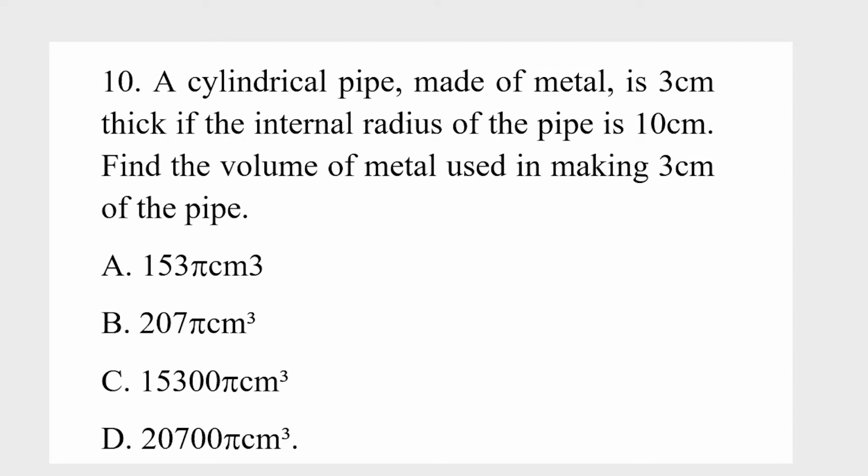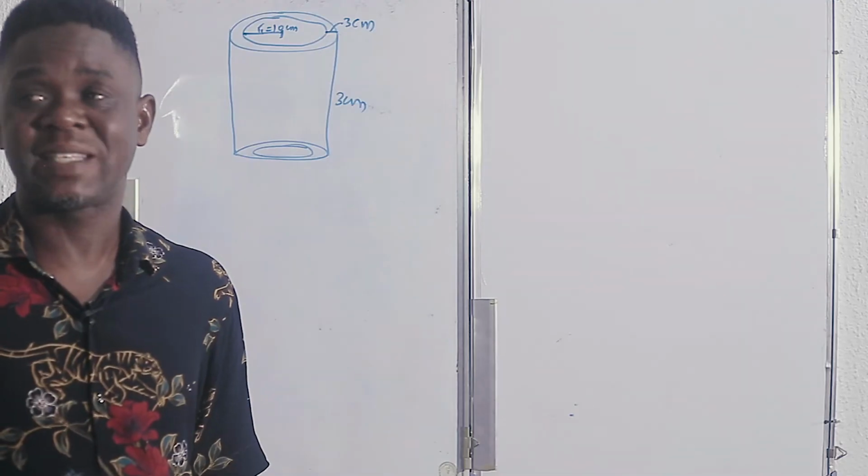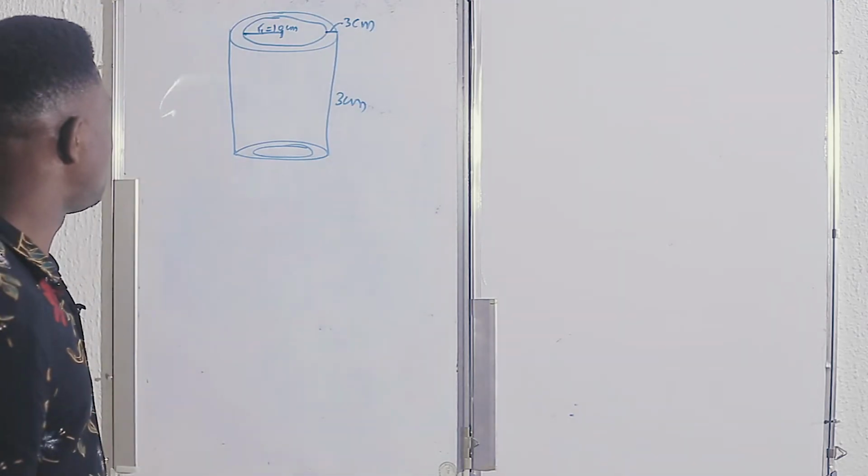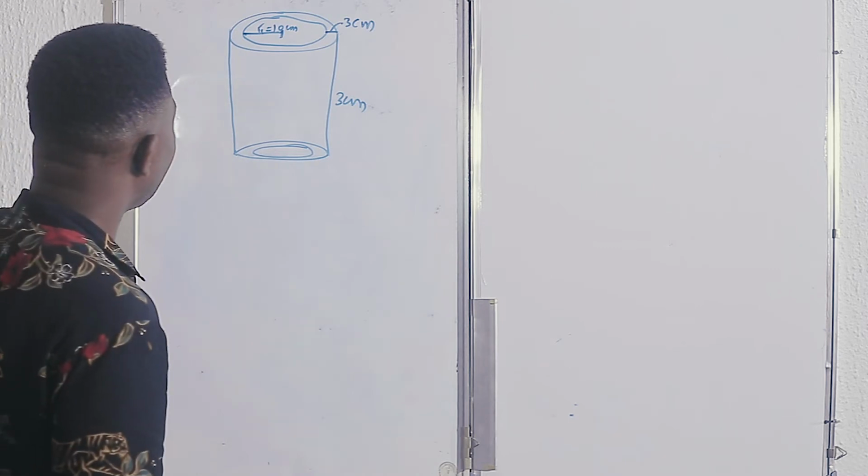This is a cylinder, but it has both an internal radius and an external radius. So let's have something like this. It's also going to have something like this here and all of that. We should find the volume of the metal that is used in making 3 cm of the pipe.